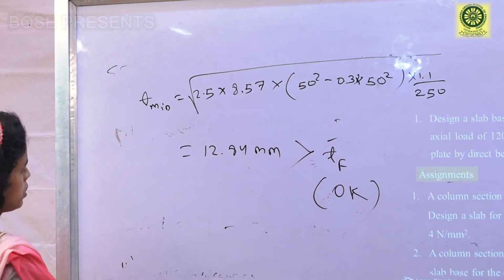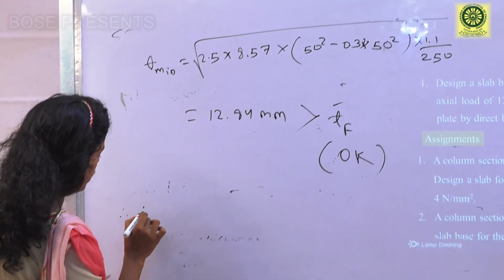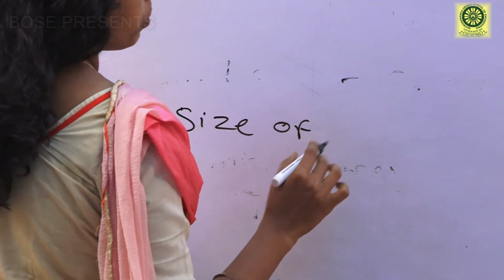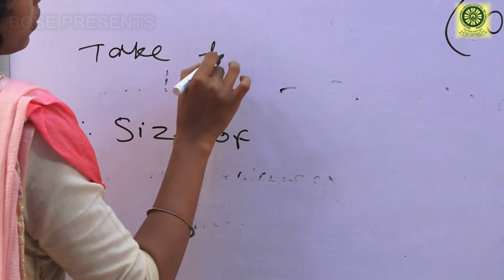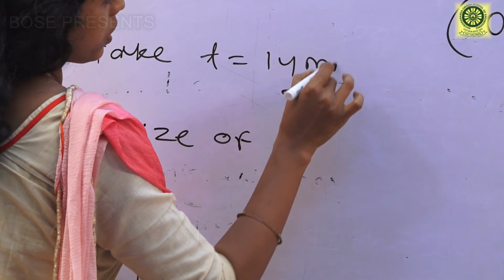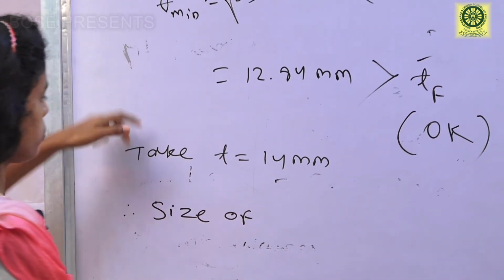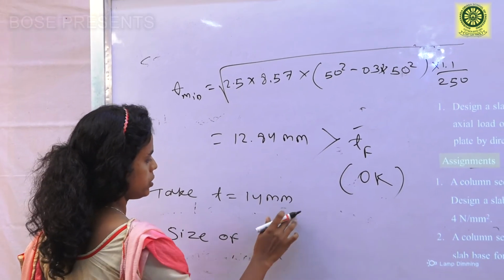So minimum thickness is already calculated. So finally, here we provide the size of base plate. Here you take a thickness of 14 mm. You can also take 13 mm, but for convenience I will take the thickness of base plate as 14 mm.